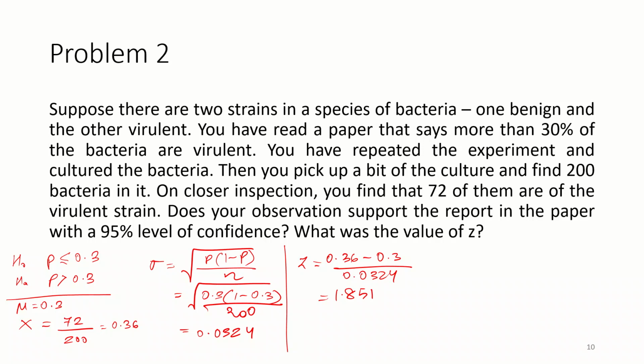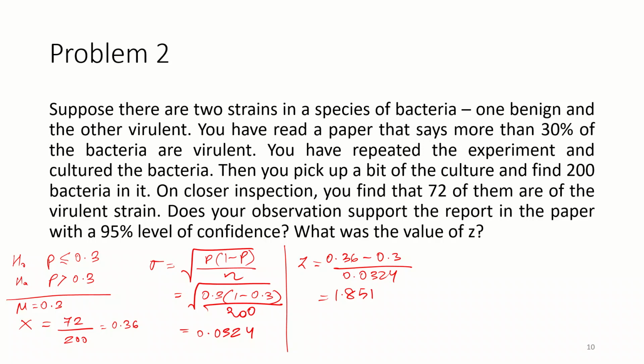So this is the z value you got from the z test. So what is the z value at 95% confidence? 1.96, sir. Okay.